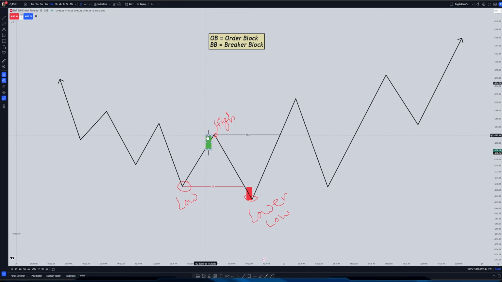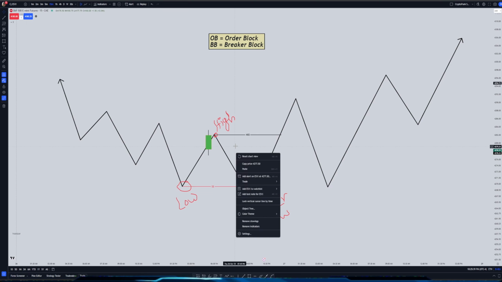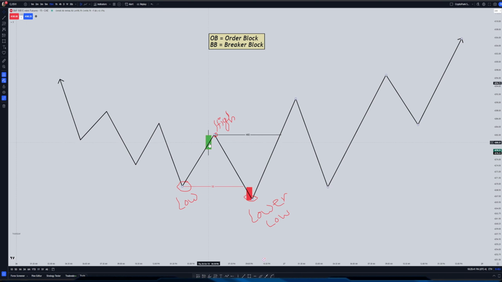Okay, the highest body, not the wick but the body. Maybe the previous candle that I have here can have a huge wick like this. Instead of that one, I'm looking at this specific candle, the highest body up close candle.